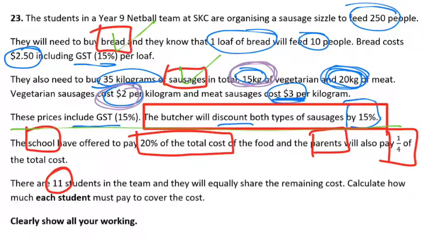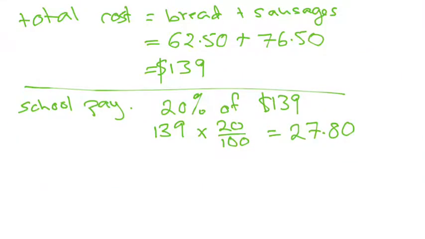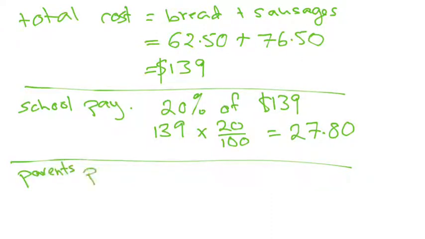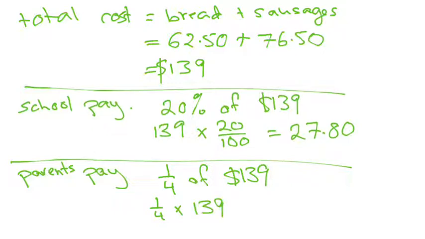Now we're going to look at how much the parents are going to pay, 1/4 of the total cost. So the parents will pay 1/4 of the $139. So we're going to do 1/4 times 139, which will give us $34.75. So now we need to work all this out.